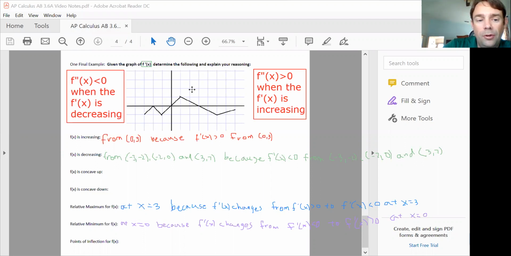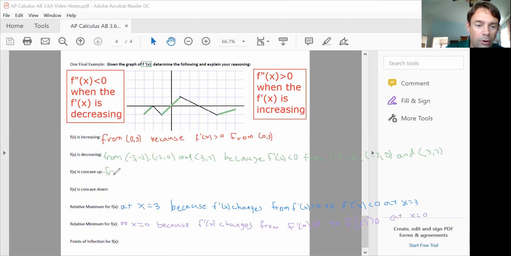So let's deal with concave up. Concave up is when our second derivative is positive. So when is this increasing? It's increasing here. It's increasing here. And it's increasing here. So it's going to be concave up at those values, because that is when it is increasing.